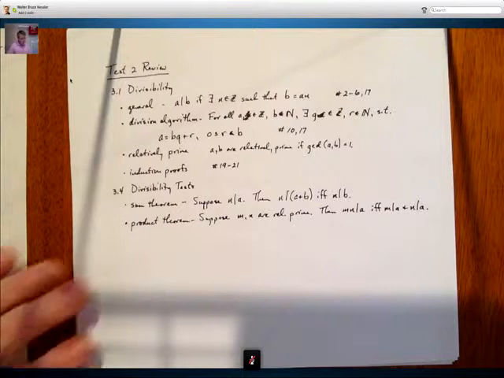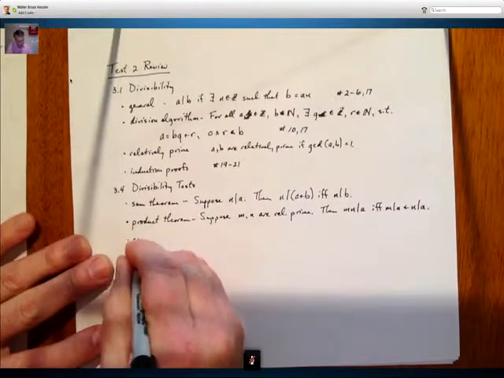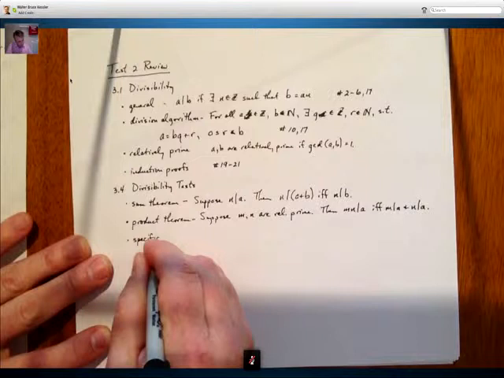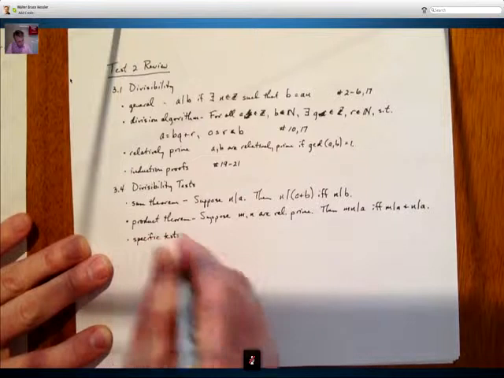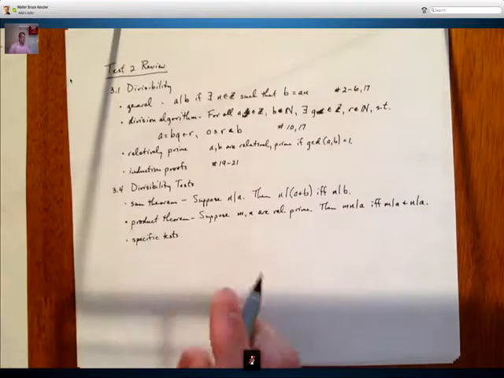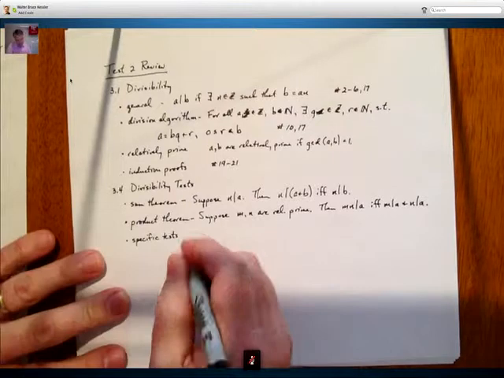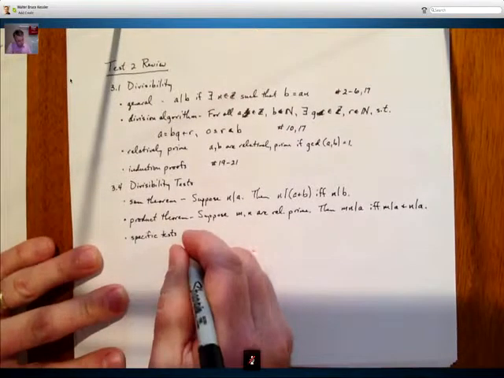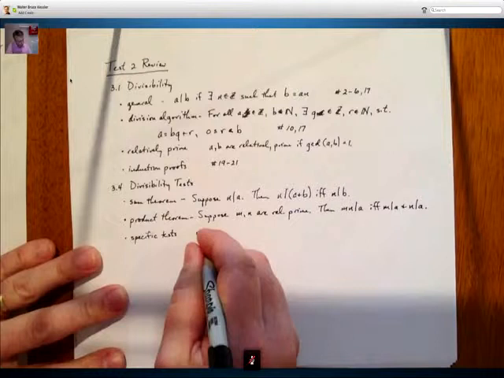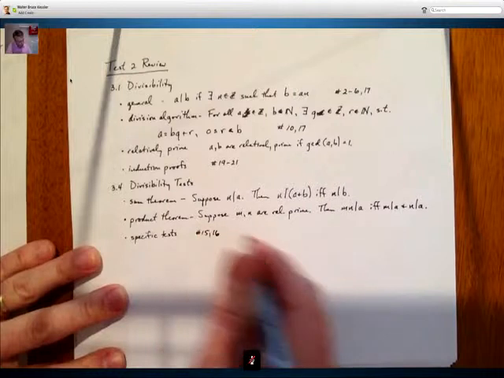And let's see, so definitely know those two theorems, and also know the specific tests, because we may use them. I may say, like I remember they did something in the book, here's a palindrome with an even number of digits, so it's always divisible by 11. We use these tests in problems 15 and 16.